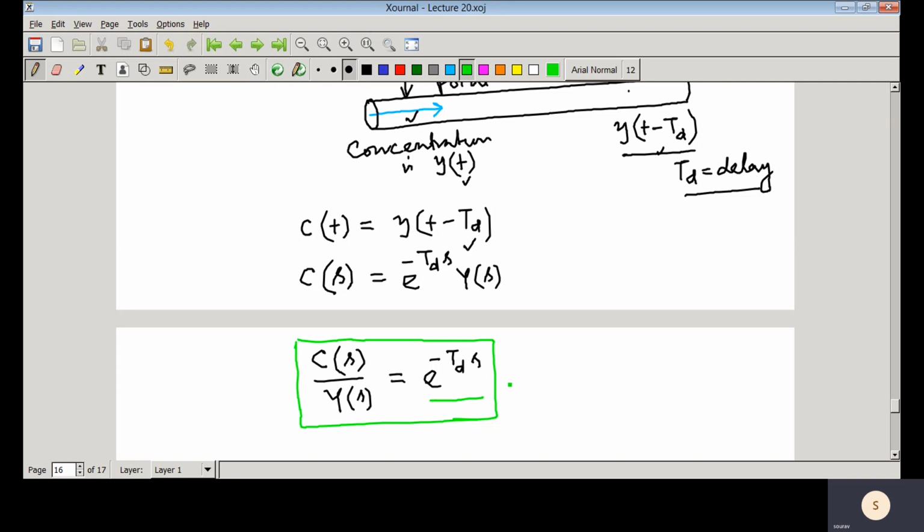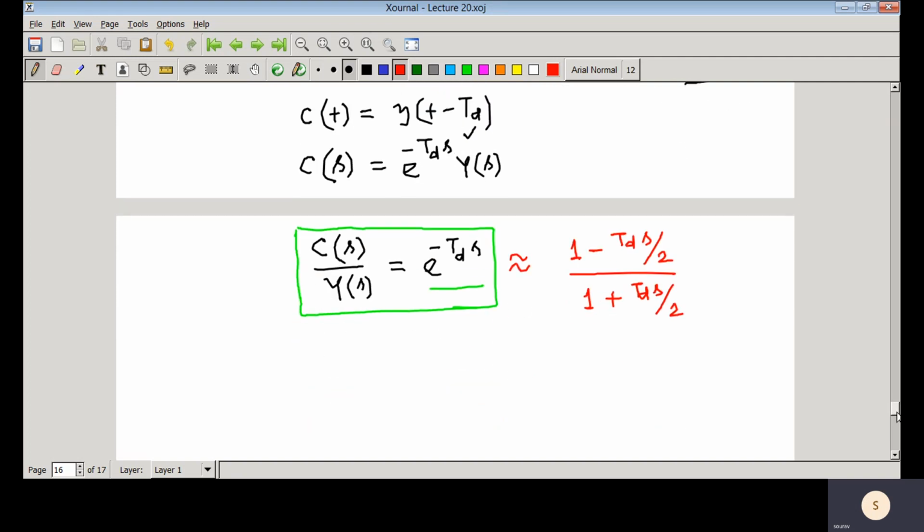So it can be approximated by one transfer function, which is (1 minus Td s by 2) divided by (1 plus Td s by 2). This is called the first order approximation, the first order Pade approximation. It has that name, Pade approximation.